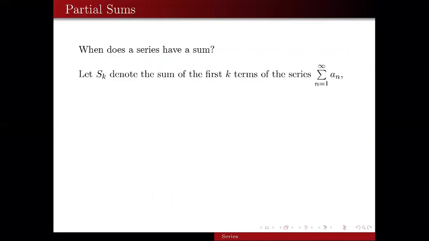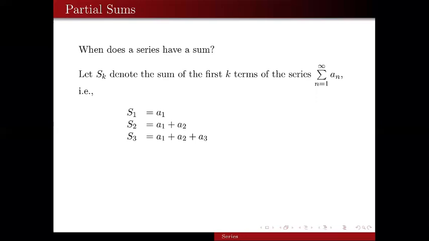Let us denote by S sub k the sum of the first k terms in the series, the sum of A sub n from 1 up to infinity. So your S sub 1 is just your A1, the first term. S sub 2 is the sum of the first two terms, A1 plus A2.